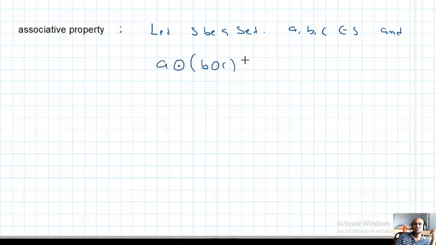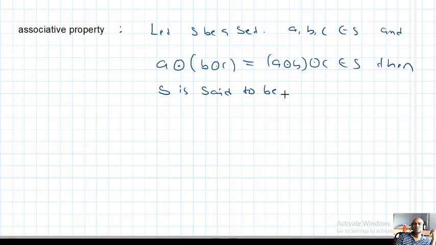Let S be a set. If A, B, C belong to S, and A circle dot (B circle dot C) equals (A circle dot B) circle dot C belongs to S, then S is said to satisfy the associative property.